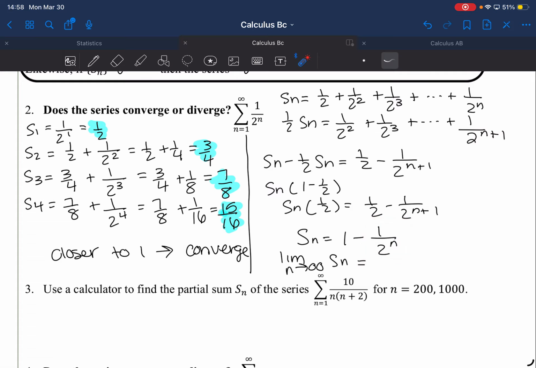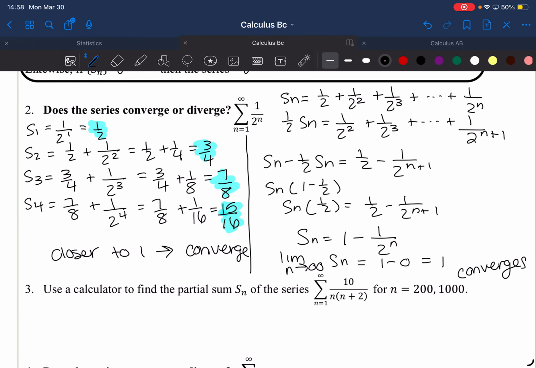If your denominator increases rapidly, you're slowly approaching 0. So if this is going to approach 0, that means we're left with 1 minus 0, which is 1. And since this is approaching 1, this also proves that this is converging.